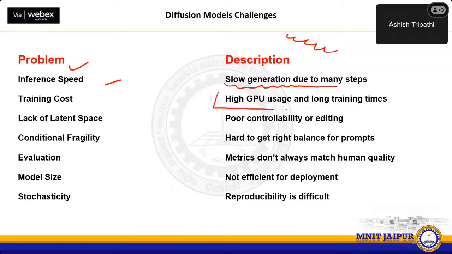Here we need high GPU usage and long training time. You now know why diffusion models need high GPU usage: in each epoch we have to perform thousands of predictions, and the loss is the sum of the losses of noise in each iteration. So we need a lot of computations. That's why high GPU usage is required.